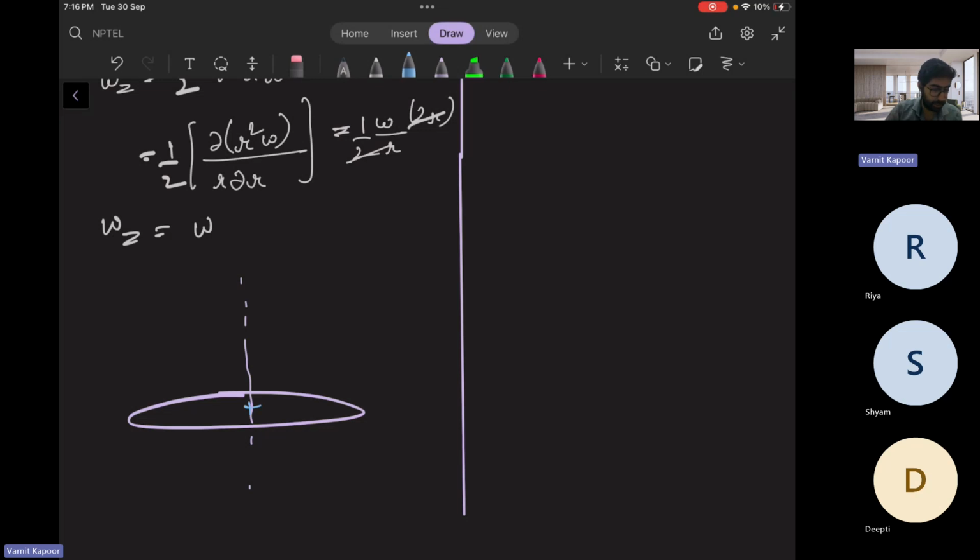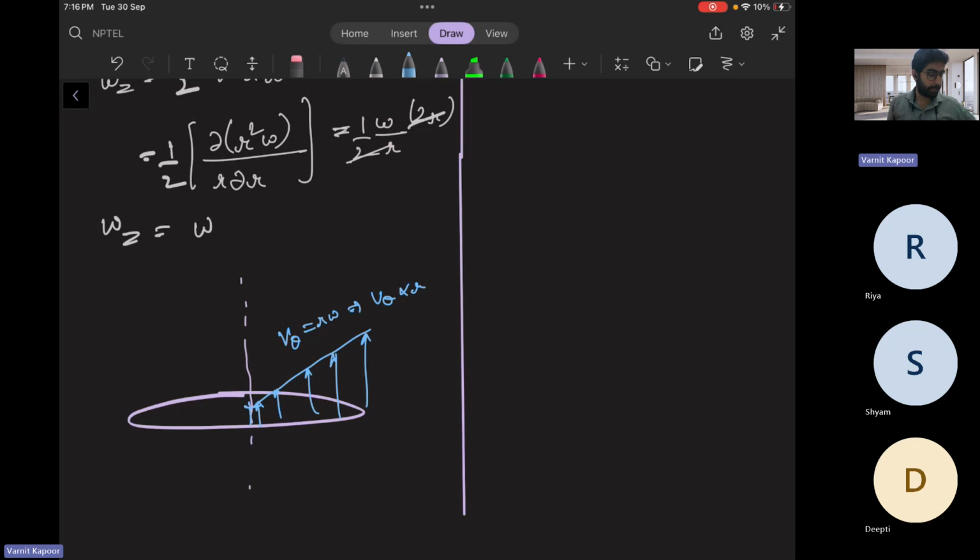As I go in the radial direction, velocity is increasing. That is, V theta is proportional to the radius. All right.